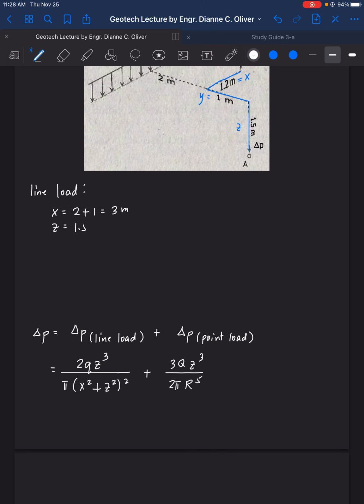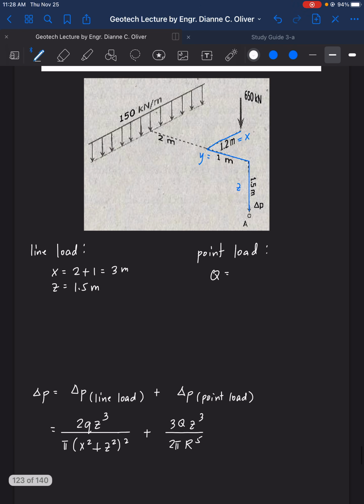Z is 1.5 meters. For the point load, we need the big Q here, which is 650.